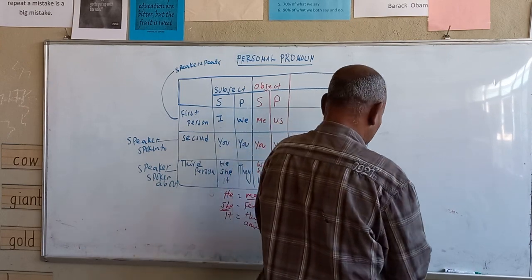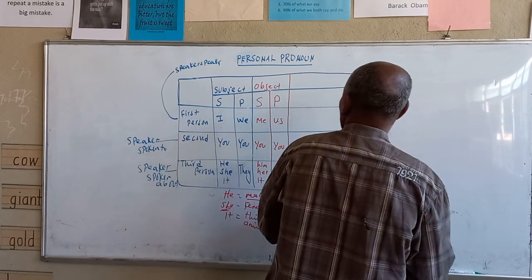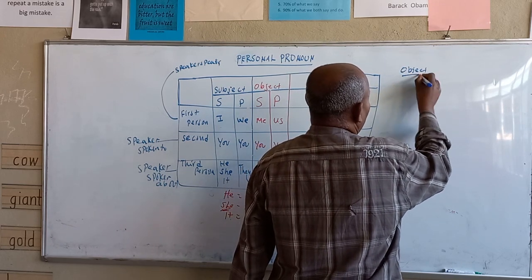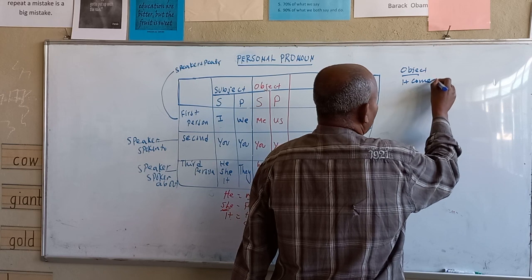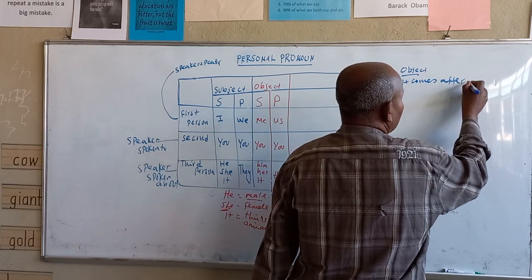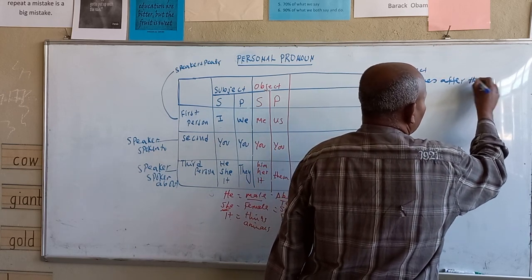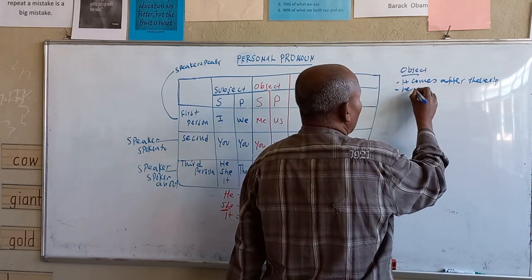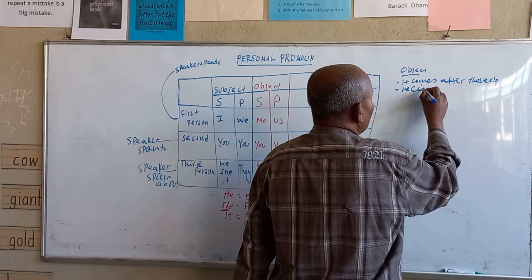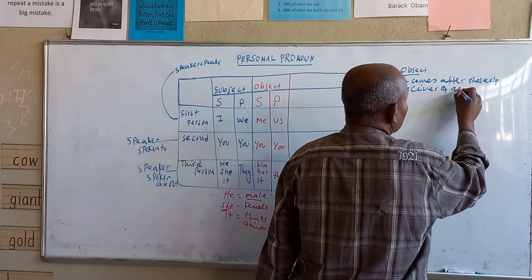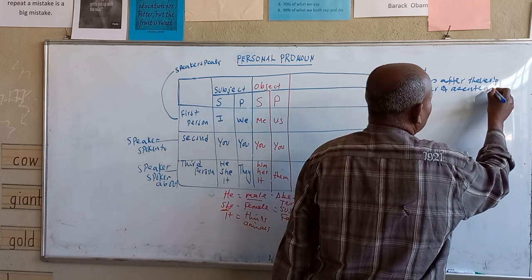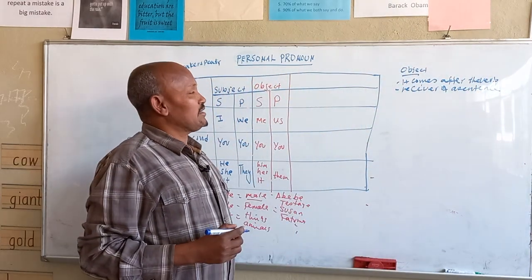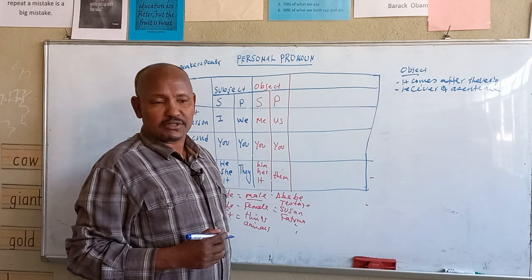What I want to show you here is the object. It comes after the subject, after the verb. So it is the receiver of a sentence. We do not use this objective pronoun at the beginning of the sentence.